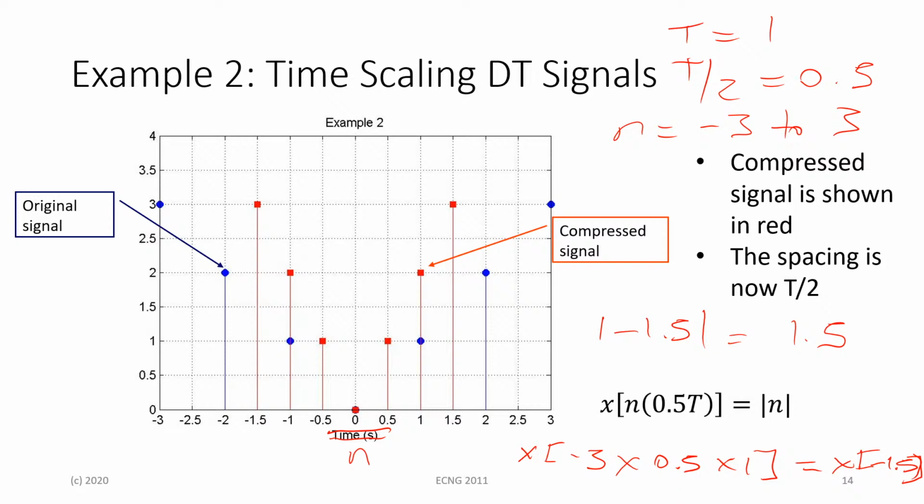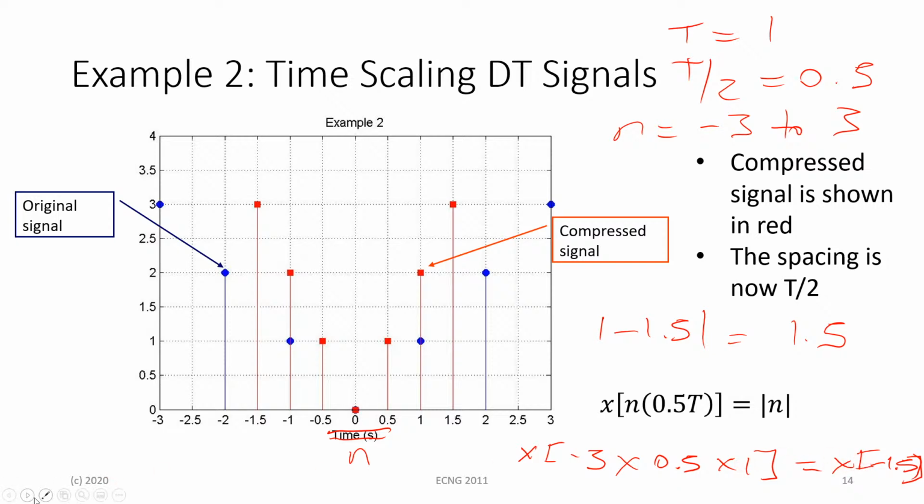And in this case, we had x of n 0.5 t. So remember, when we actually plugged this into our equation here, n is still -3, but now we have 0.5 here mapping, and t was 1 second.